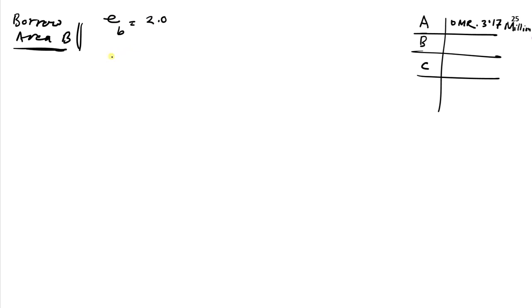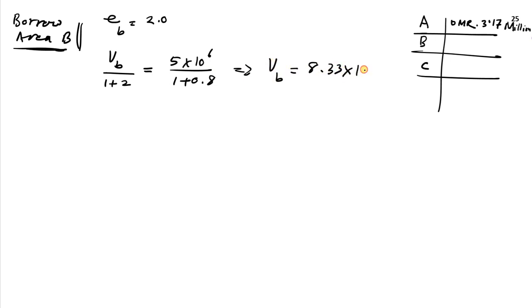So what is going to be the volume of borrow area? It is going to be volume of borrow area over 1 plus 2 should be equal to 5 into 10 raised power 6 over 1 plus 0.8. If you simplify this, the volume of borrow area is going to be equal to 8.33 into 10 raised power 6 cubic yard.